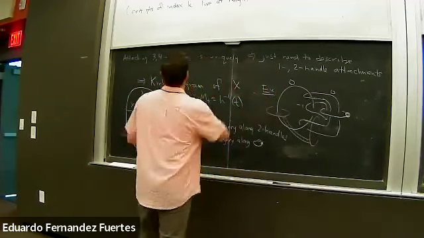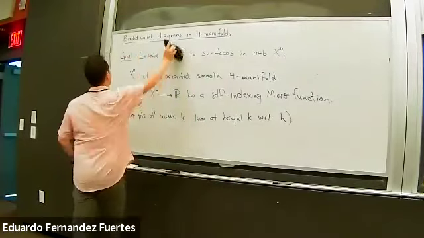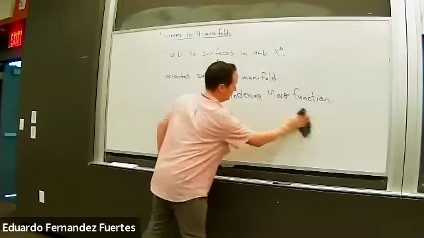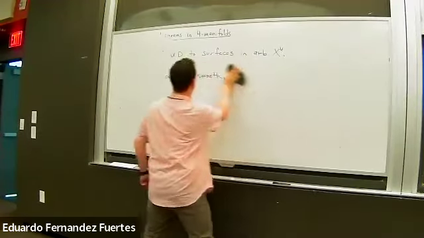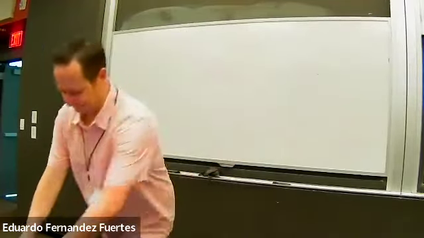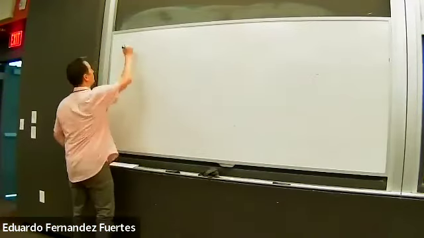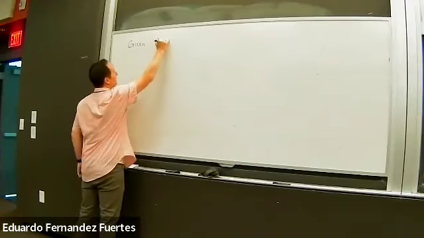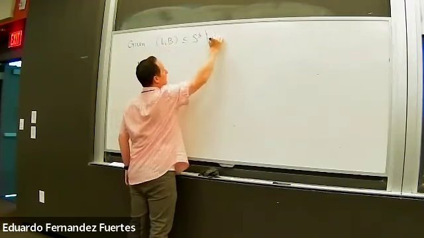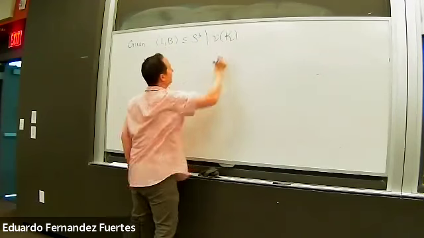So let's write it here maybe. All right. So given a banded unlink, or a banded link anyway, suppose it lives in the complement of, I'm going to call our Kirby diagram script K. Okay.